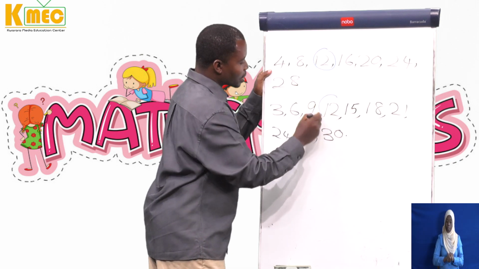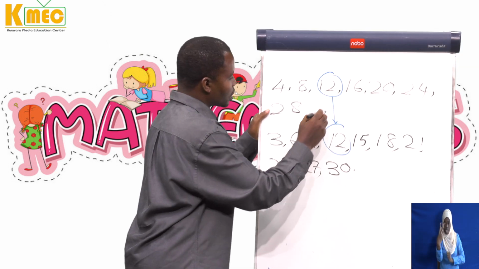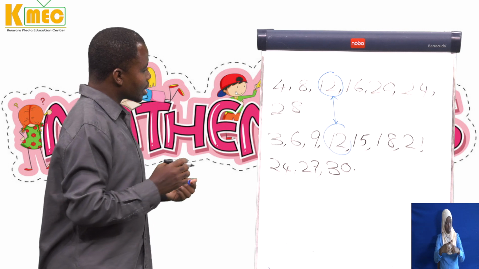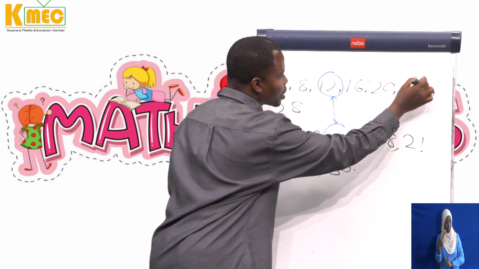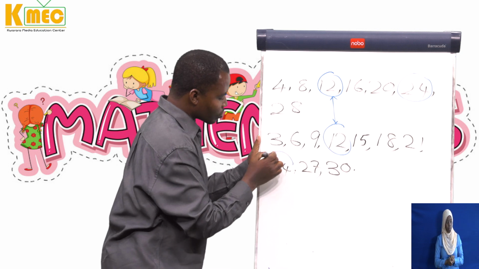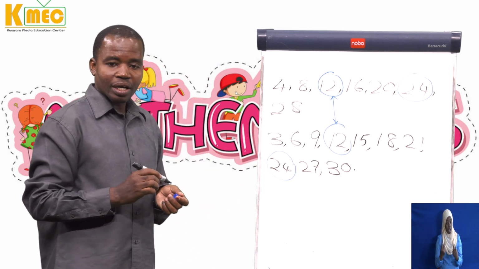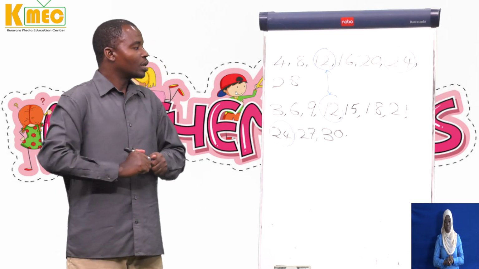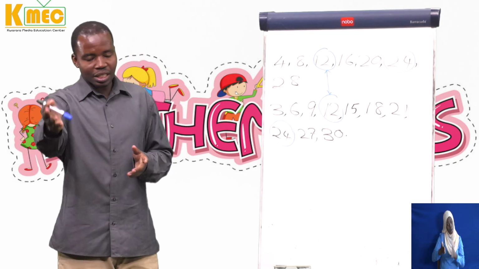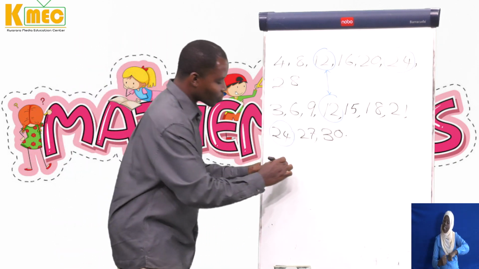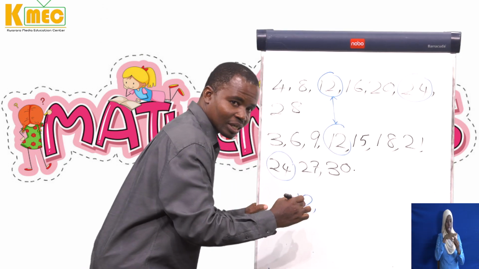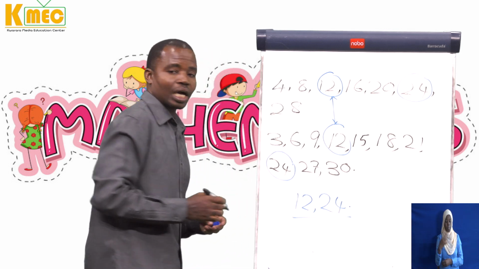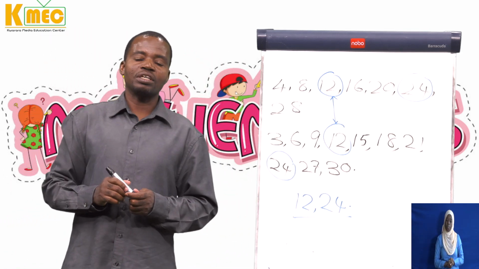Number 12 is common. It is in multiples of 3 and in multiples of 4. And another number is 24. 24 is there and 24 is here. So they are also common. So the common multiples of 4 and 3 less than 31 are 12 and 24.